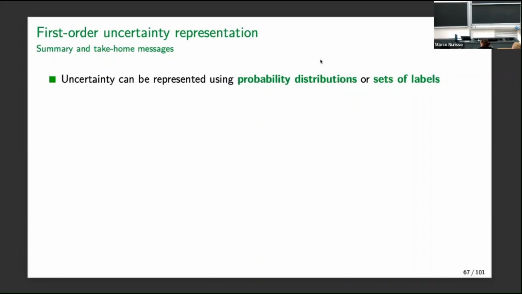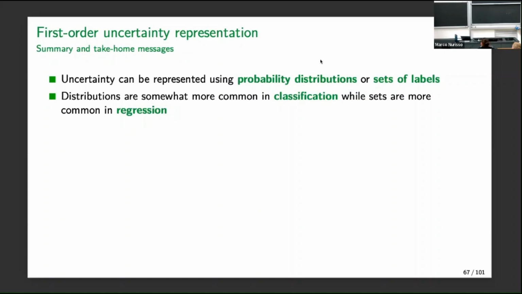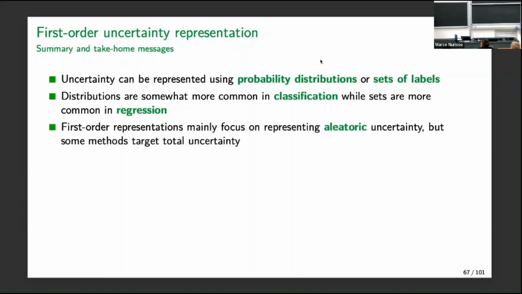The entropy or the variance of that distribution is a quantification of your aleatoric uncertainty. And I've also discussed how we can then build prediction sets on top of those probability distributions. I would argue that for classification in the literature, people work more with distributions and less with sets, whereas in regression, using sets is very natural and they come in the flavor of prediction intervals.